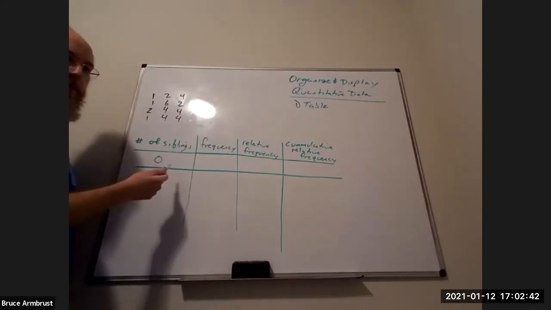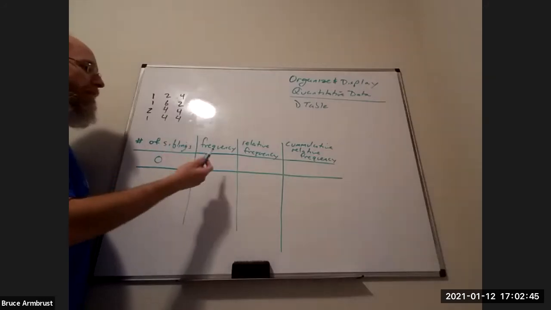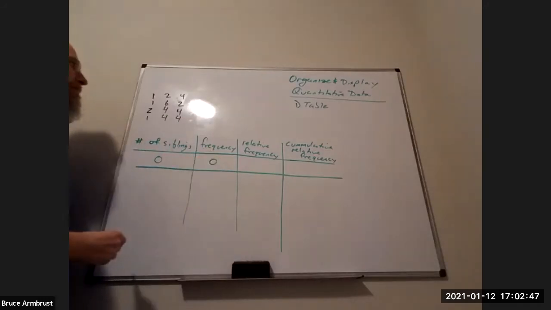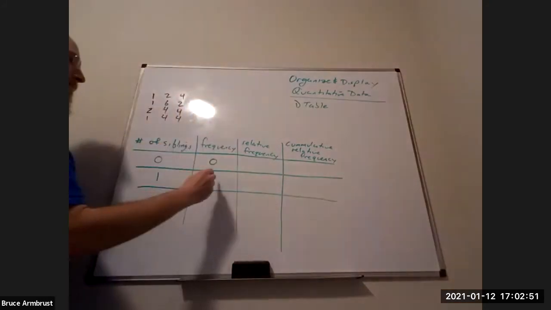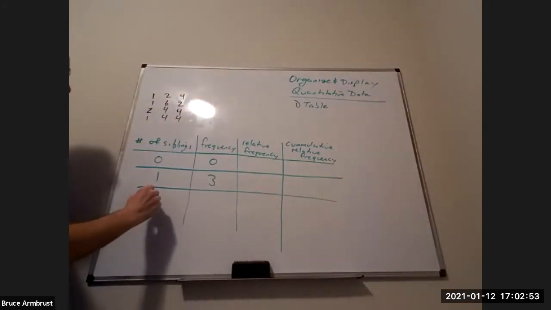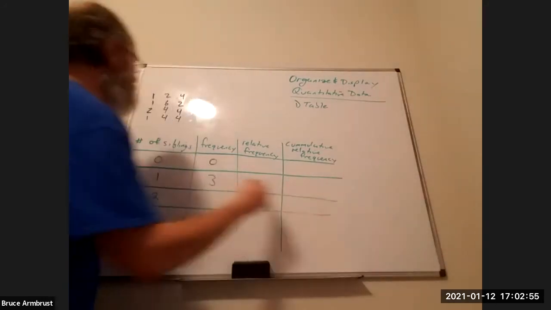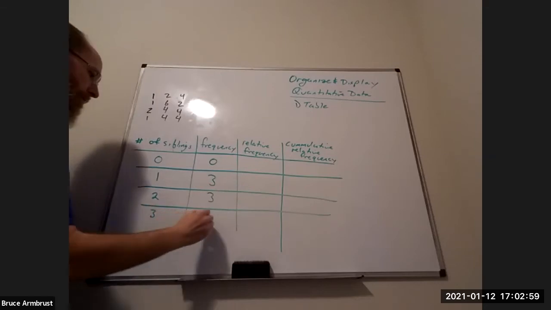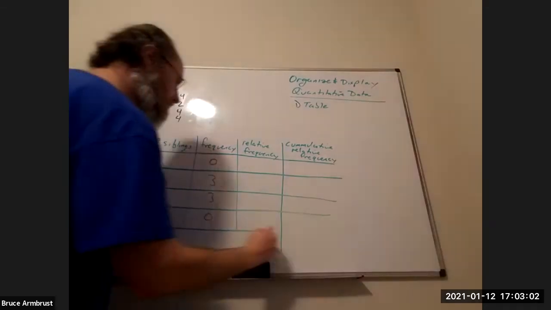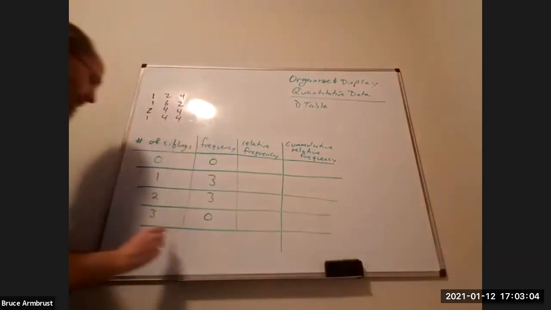How many times did we get a response of 0? Well, it was 0. 1 sibling, there were 3 of you that said that. 2 siblings, there were also 3. 3 siblings, there were 0. And we got to get down to 6.